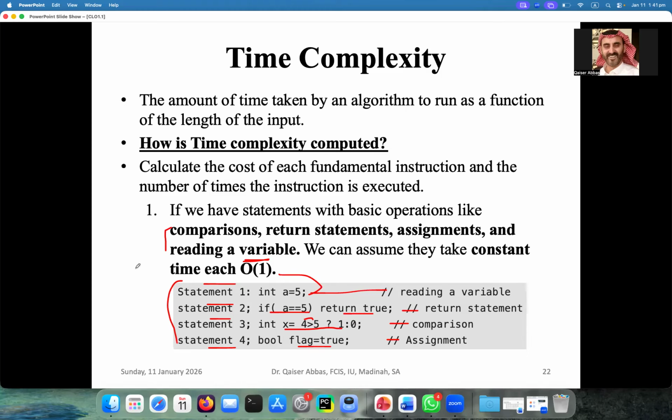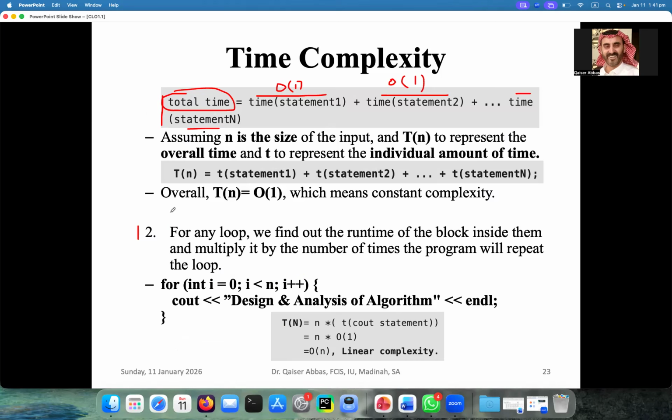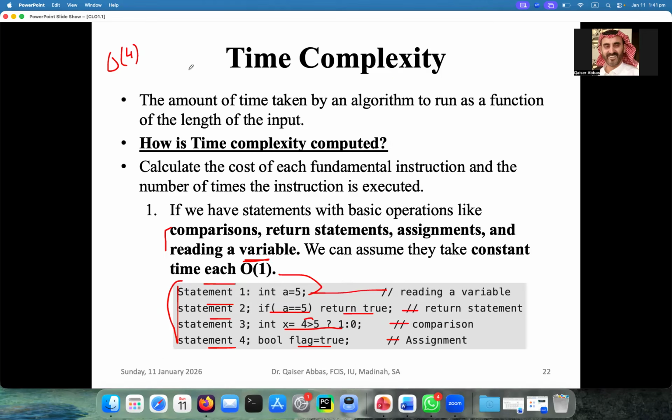Maximum 4, or finally you can say order of 4, due to these 4 statements. Nothing else, and 4 is a constant. The total time for this module is order of 4.